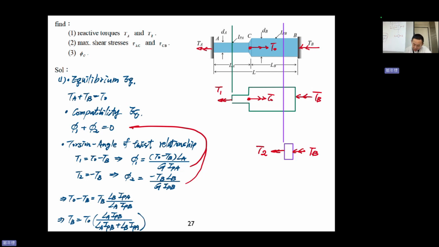Okay, and then we can obtain TA equal to, hey, can I make it faster? TA equals T0 LB IPA over LA IPB plus LB IPA.